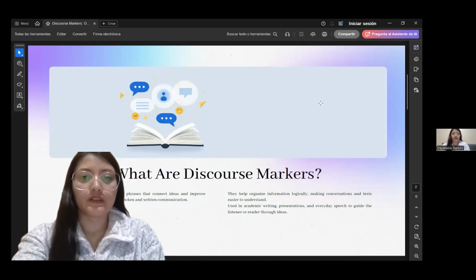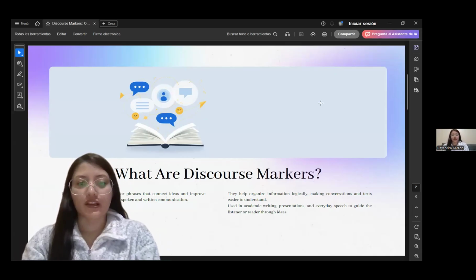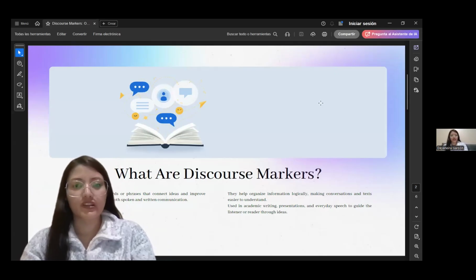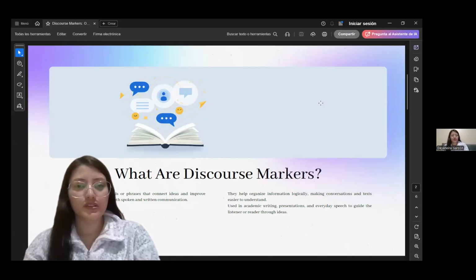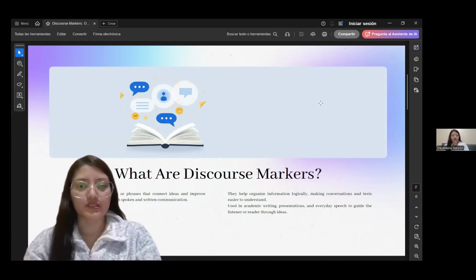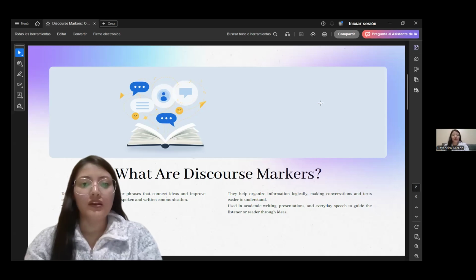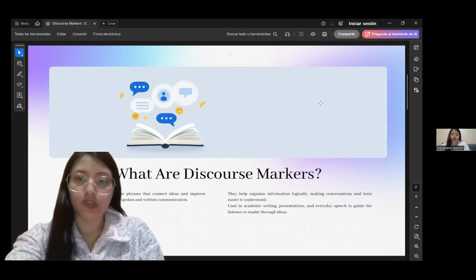Well, first, let's define discourse markers. Discourse markers are words or expressions that connect ideas and show the relationships between sentences or parts of a conversation. They make communication clearer, more organized, and easier to understand.